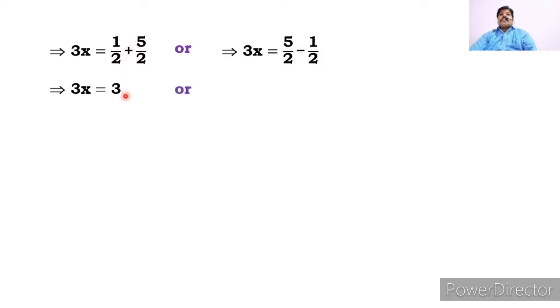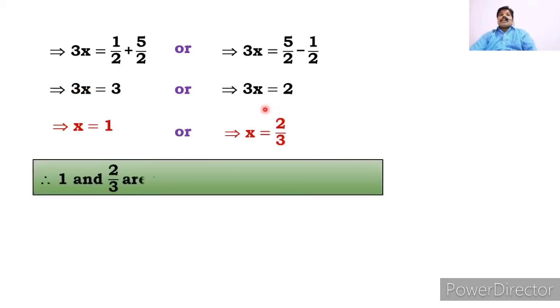And here, taking the LCM 2, 5 minus 1 is 4, 4 by 2 is nothing but 2. So here the 3 will be cancelled, x value will become 1, and here you get x is equal to 2 by 3. So what you can observe is that 1 and 2 by 3 are the roots of the given equation.